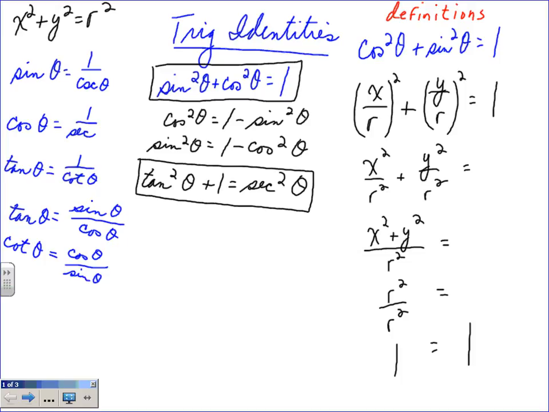Let's use definitions to show that that's true. I know tangent is y over x, correct? Yeah? Okay. So y over x squared plus 1. Show that that's equal to secant squared. Use definitions. Y squared over x squared plus, well, instead of 1, I'm going to write x squared over x squared. Because that's 1, anything over itself, right?